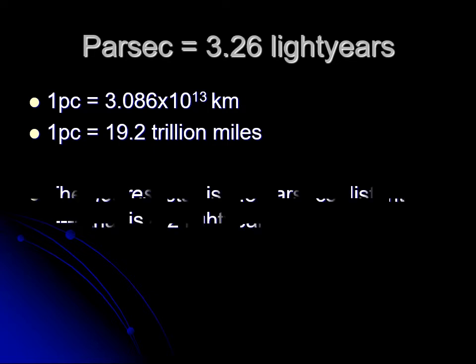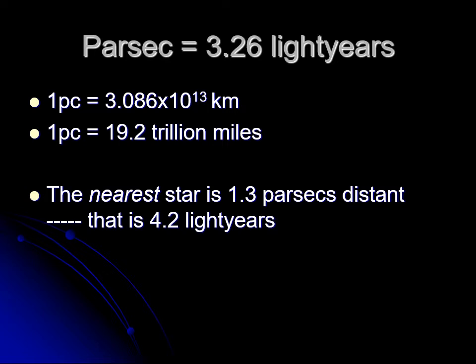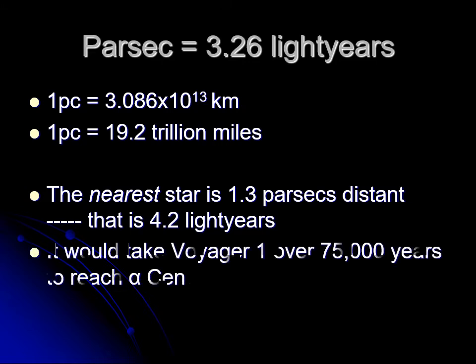The closest star is about 1.3 parsecs away. That's about 4.2 light years. Voyager 1 is the fastest thing leaving the solar system. It's not headed towards Alpha Centauri, the closest star, but if it were, it would take about 75,000 years to get there. So this gives you an idea as to how big space is.